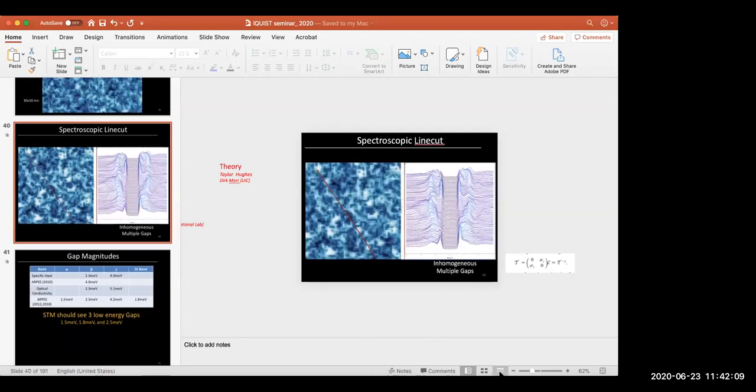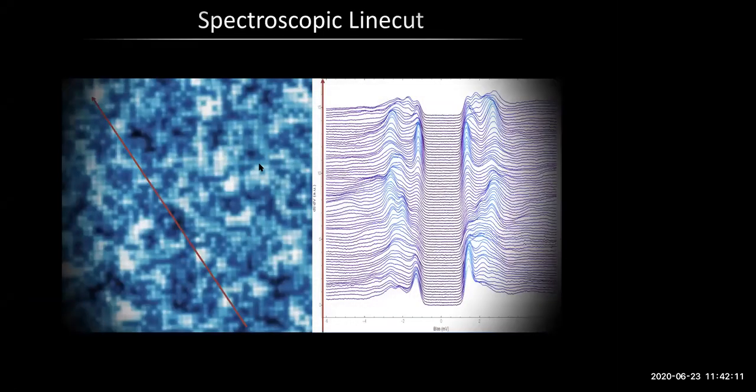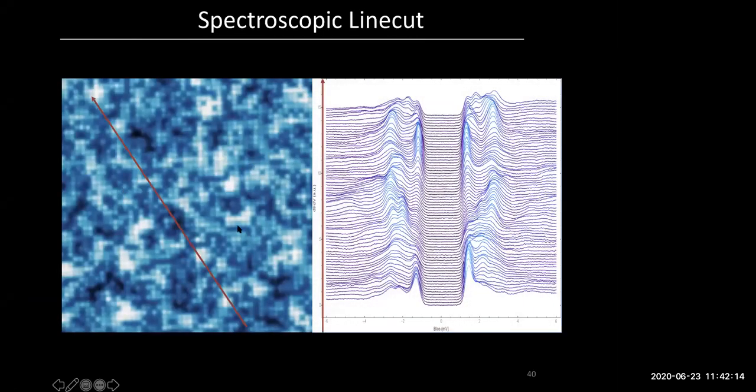These dark and bright regions correspond to areas where you have less or more of selenium or tellurium compared to the background. So it's pretty inhomogeneous chemically, and it's entirely possible that the gap inhomogeneity is related to this chemical inhomogeneity.